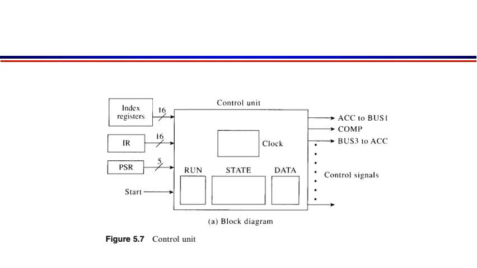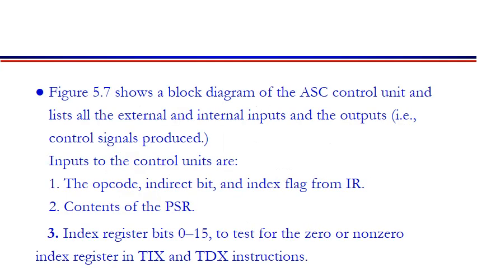So within the control unit, there are three major blocks. One is data, the other is state. We have given three types of input to the control unit. One is the information from the index register. The other is the contents of the processor status register.